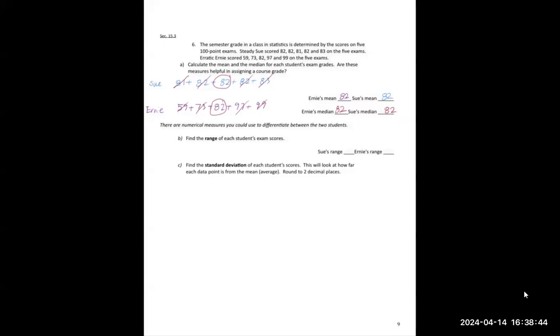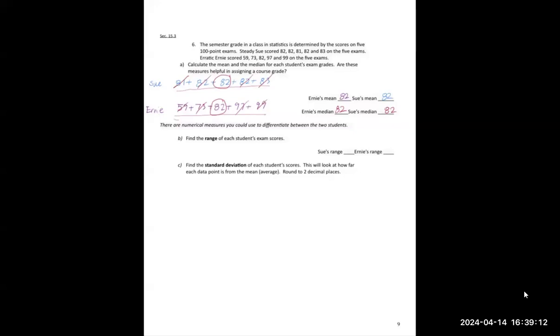Because as you see with Susie, she got really close to 82 on nearly every test. And Ernie, there's lots of variation, but if we just calculate the mean and median, we don't see that variation in the data. So there are two things that help us to see how spread out apart those data values are from each other, and that's the range and standard deviation.